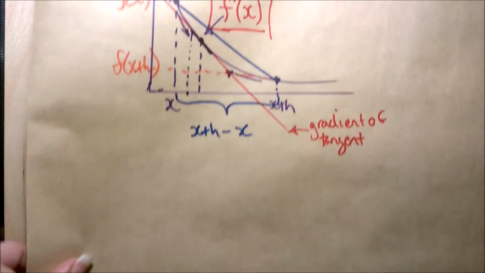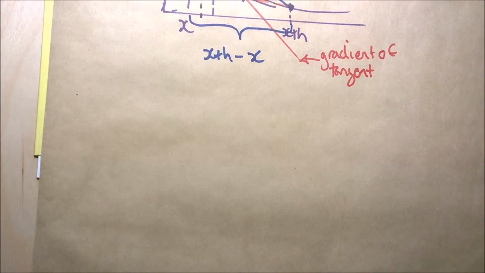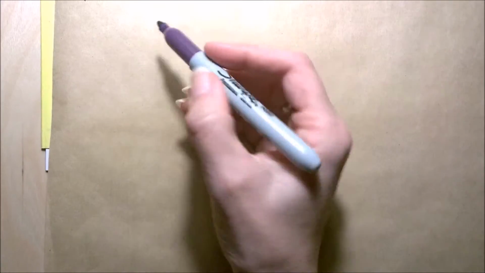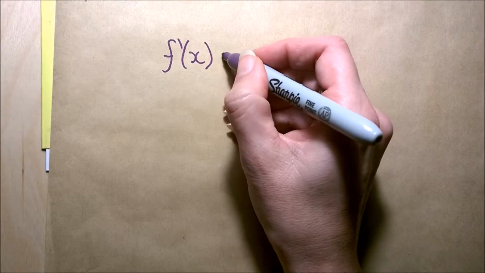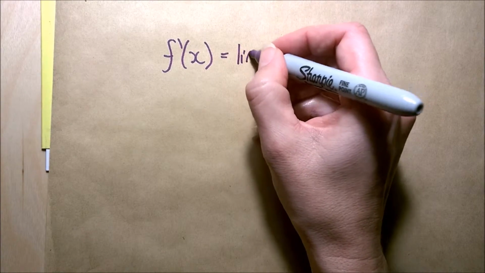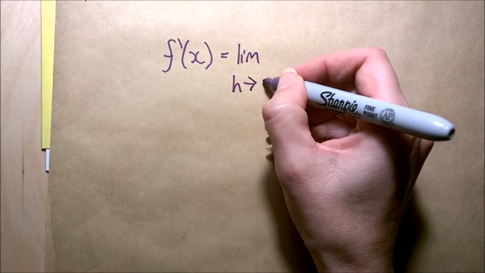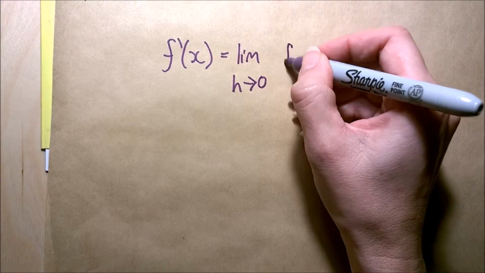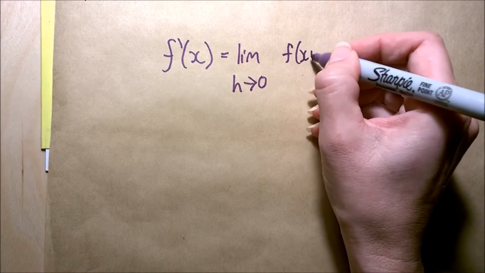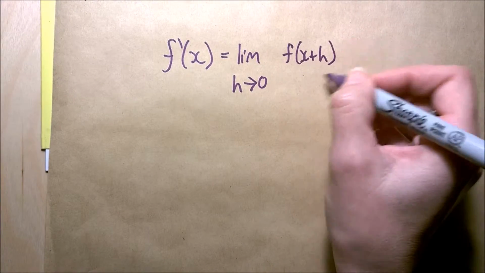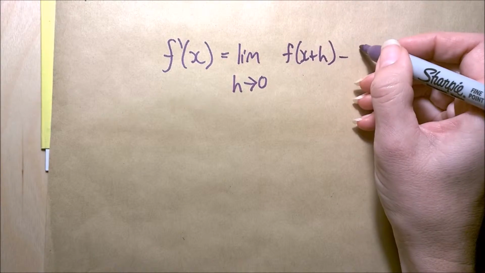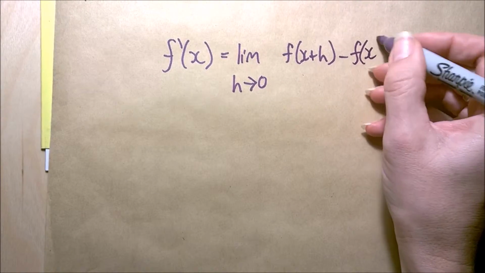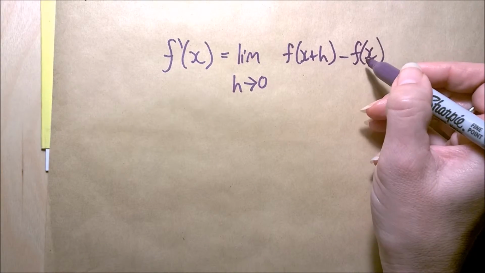So that's why we use the definition of the derivative. The definition of the derivative being the limit as h approaches 0 of f of x plus h, because that's our final value of y, minus the function of x, that's our original value of y.